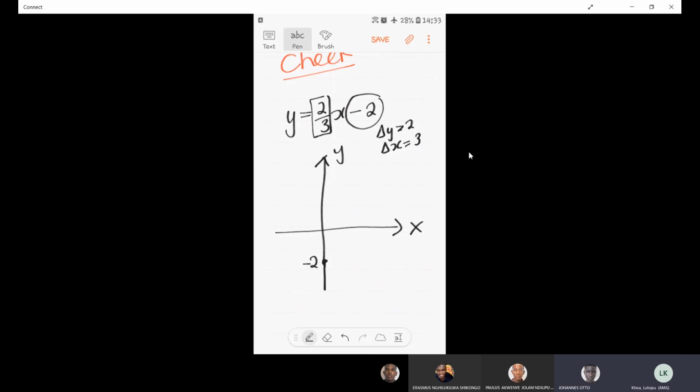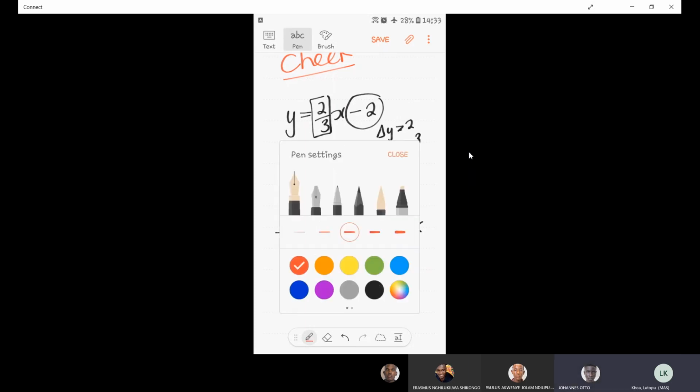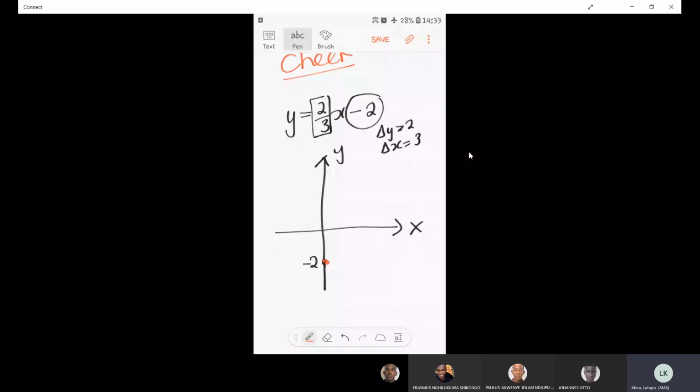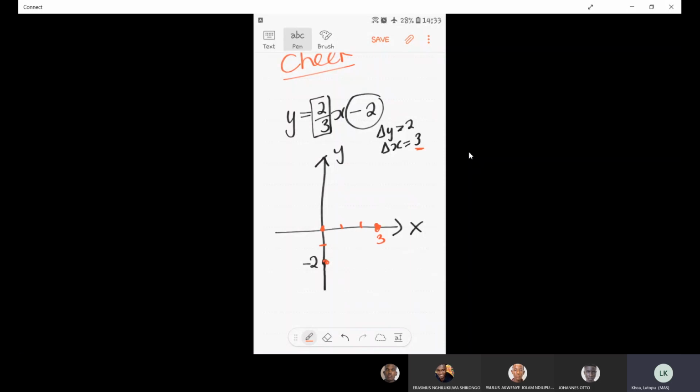So I start here at negative 2, then I move 2 units up, negative 1, now I'm at 0. Then from 0 at the origin, I move 3 units to the right: 1, 2, 3. This is where I stop. This point here will be 3 because I started at 0 and then I moved 3 units.